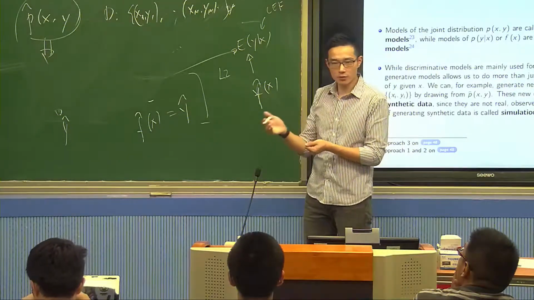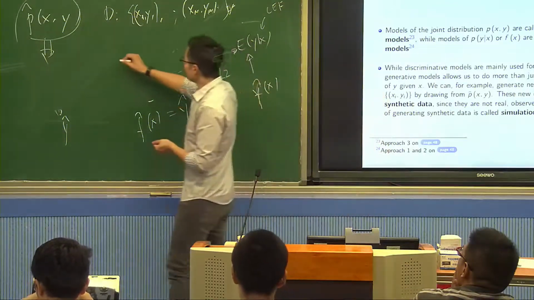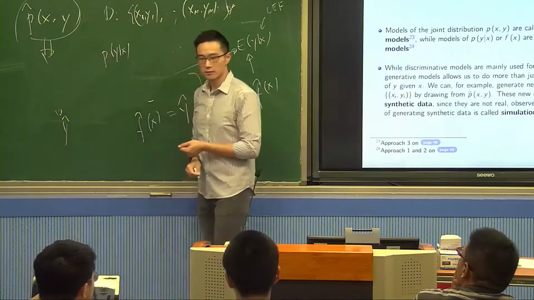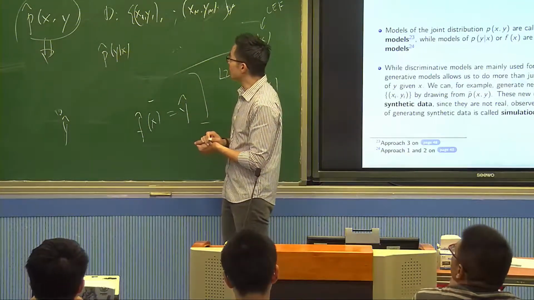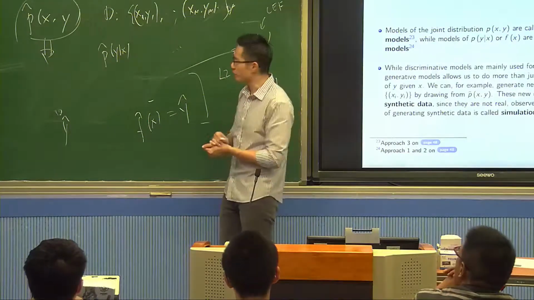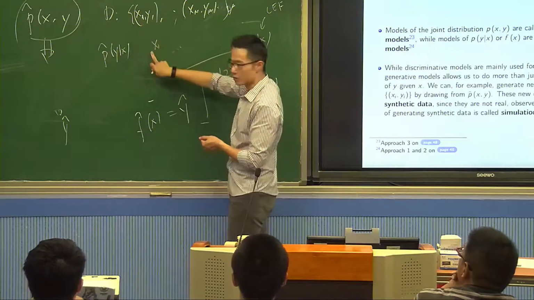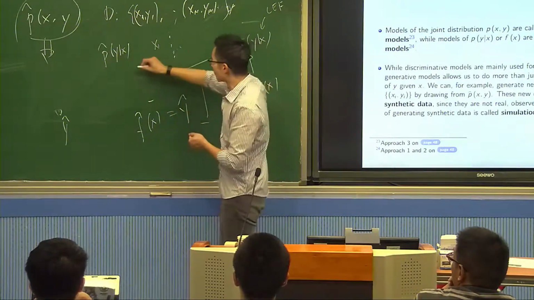Can I generate new data based on my estimation? Well, if you estimate P(y given x), suppose you only have this one, then yes, you can generate new data, but you can only generate based on x1. Given the same x1, you can generate more y from this distribution.